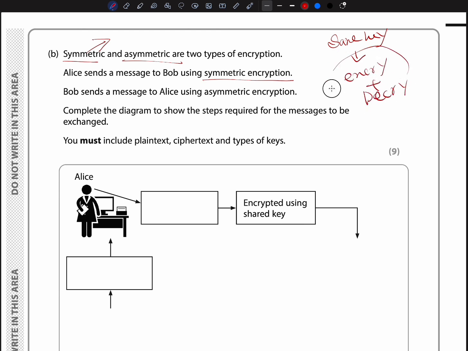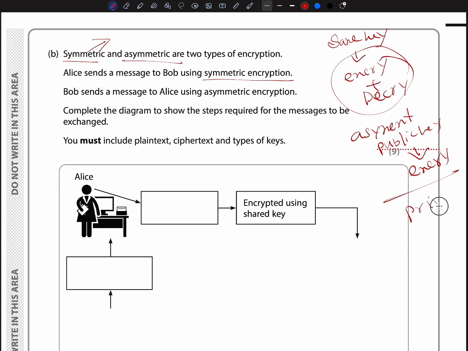Whereas for asymmetric, there is one public key and one private key. The public key is used to encrypt the message, and the private key is used to decrypt the message.